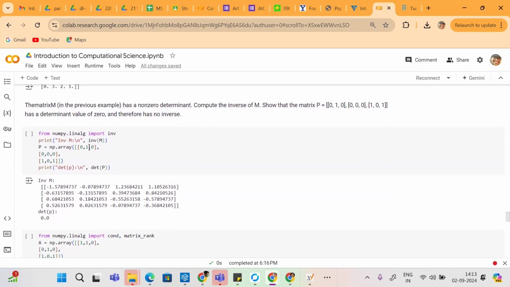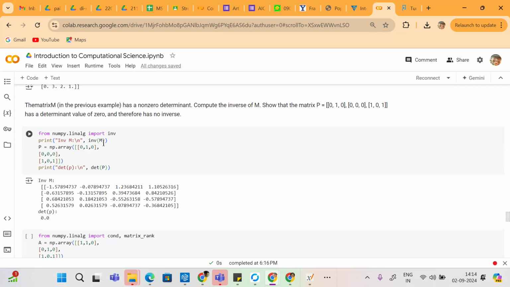So nothing else, just use the inv function. Inv bracket the matrix name. Every time you have to do the import for this in Jupyter, and you are importing not from numpy this time, you are importing from the package numpy.linalg, the linear algebra package, the inv function from there.